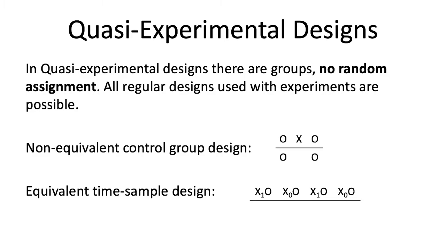And even if I randomly select for men and women, and I'm comparing the effect of a treatment on men and women, that random assignment and random selection doesn't really get around all the problems that it might cause. So in a quasi-experimental design, then I can do my non-equivalent control group design just like I had earlier in my true experiments. I can also do an equivalent time sample design where I give an intervention, then I take away the intervention, give the intervention, take away the intervention again, and I look to see how things change.